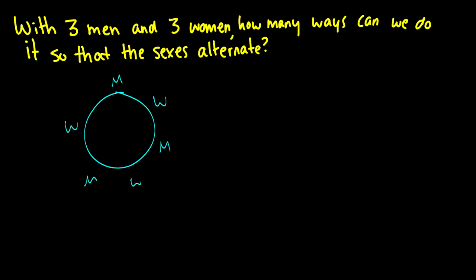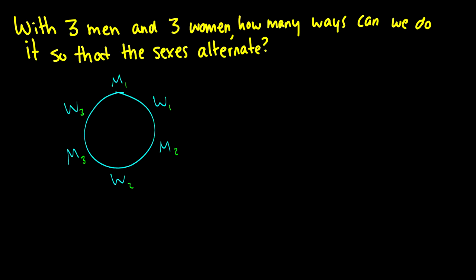This seems a little bit more difficult to figure out, so let's index them so we know what's going on. We have man 1, woman 1, and then there's 3 of each. So we want them to alternate.